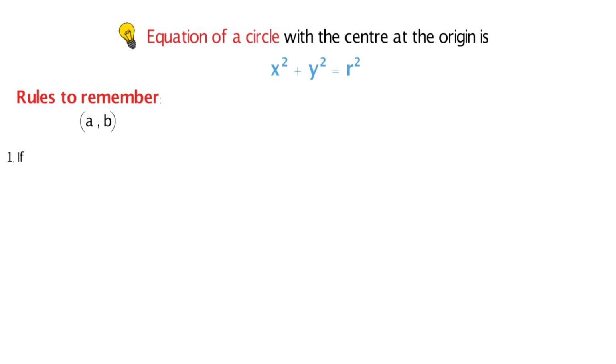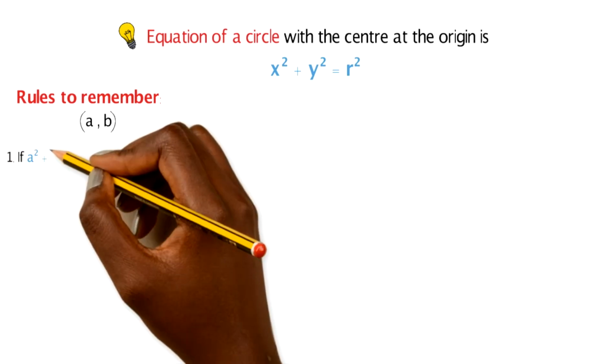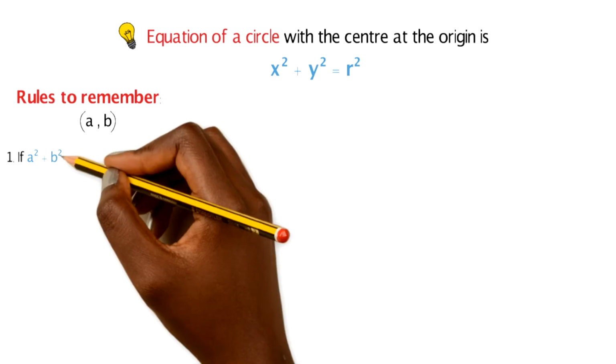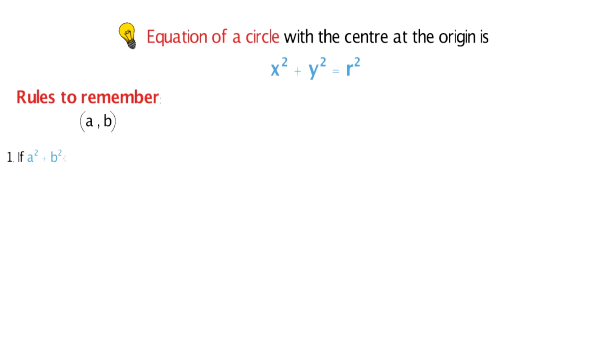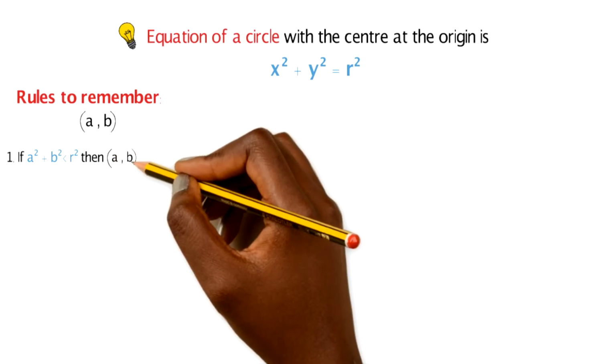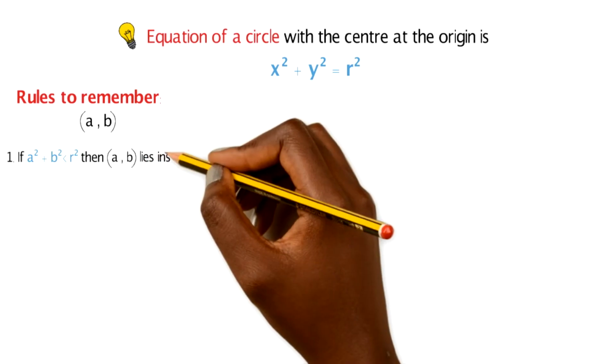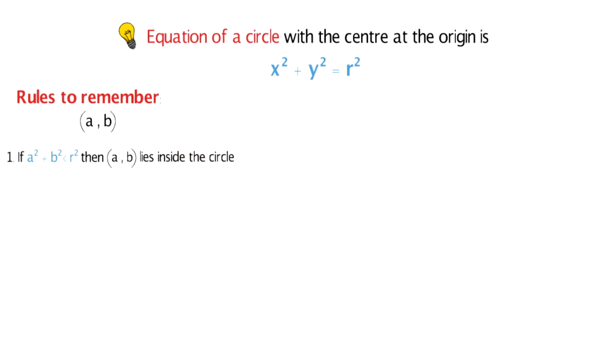For instance, if we've got a coordinate (a, b), and a squared plus b squared is less than the radius squared, this tells you that the coordinate lies inside the circle.